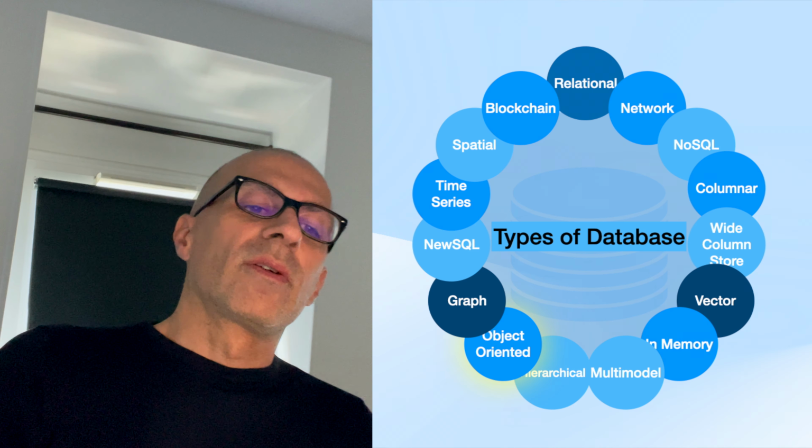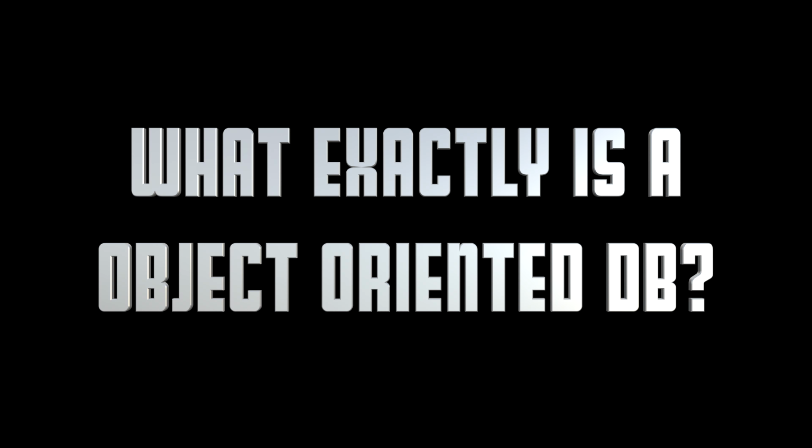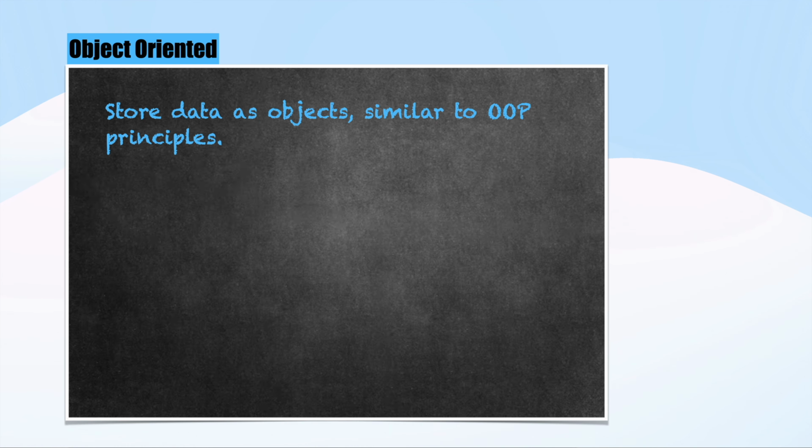Alright, moving on to object-oriented databases. So what exactly is an object-oriented database? Well, as the name suggests, these databases store data as objects, just like the objects in object-oriented programming.